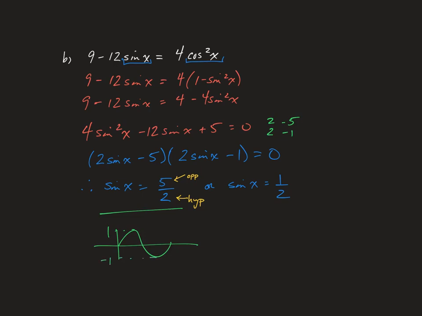And so anytime you have a sine value outside of those, that is, if I don't care about the sign but just look at the number, any ratio value that's greater than 1, I cannot accept. So when we get down to that point, we should be good that sine x equals 5/2 is a solution that works for that equation. However, we can't accept it in the problem. And so therefore, we're going to mark that as inadmissible.